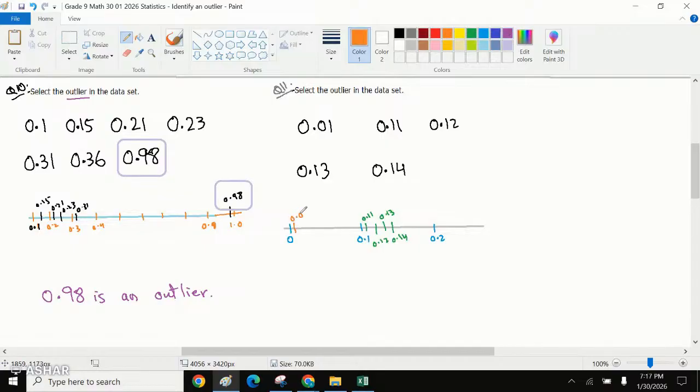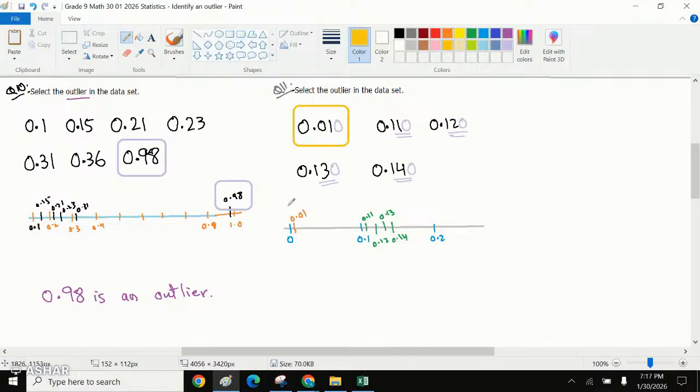But we also know that 0.01 was over here. Because if we consider all the numbers to be 3 digits, this is 110, this is only 10, this is 120, this is 130 and 140. So if we are considering the 3 digits, which number should be an outlier? 110, 120, 130 and 140 are very close to each other, but 10 is very far away.